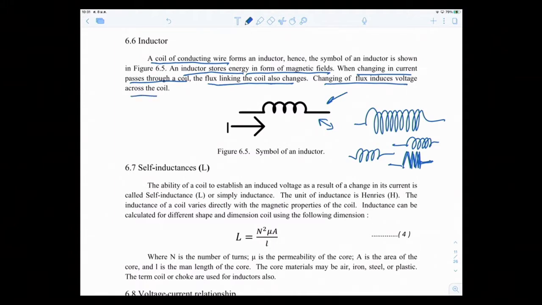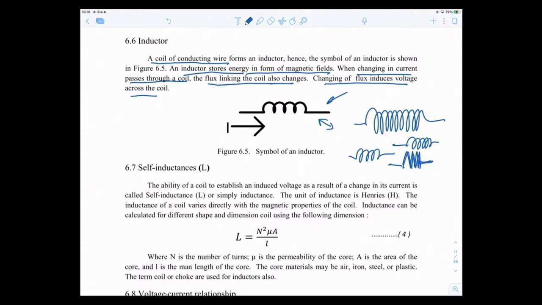In other words, just think of this. You have a wire with current flowing through it, and then the current changes. So your so-called flux, your magnetic field, changes, and when this magnetic flux changes, it induces voltage.